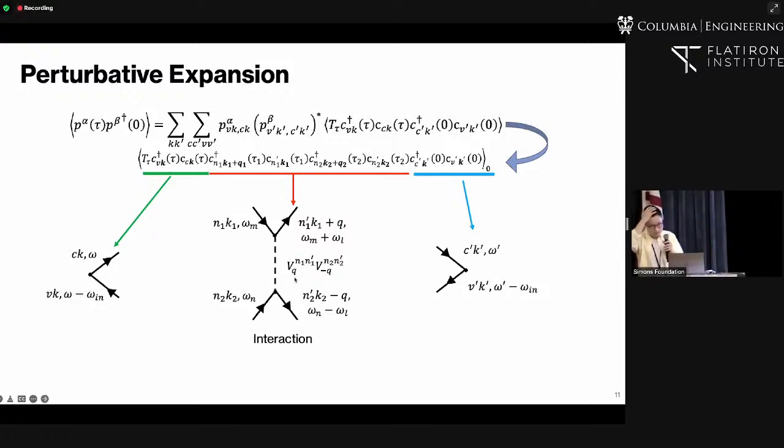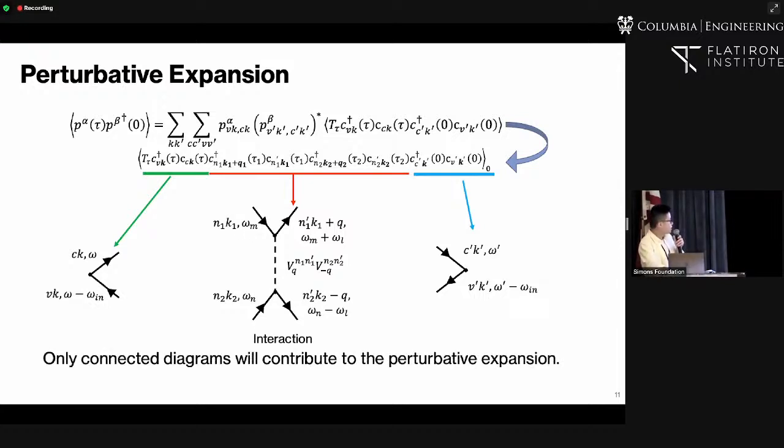And then your job is to exhaust all the possible ways of connecting these diagrams and only keep the fully connected diagrams. That will give you some perturbative terms for this perturbative expansion. So that's basically the general theoretical framework.